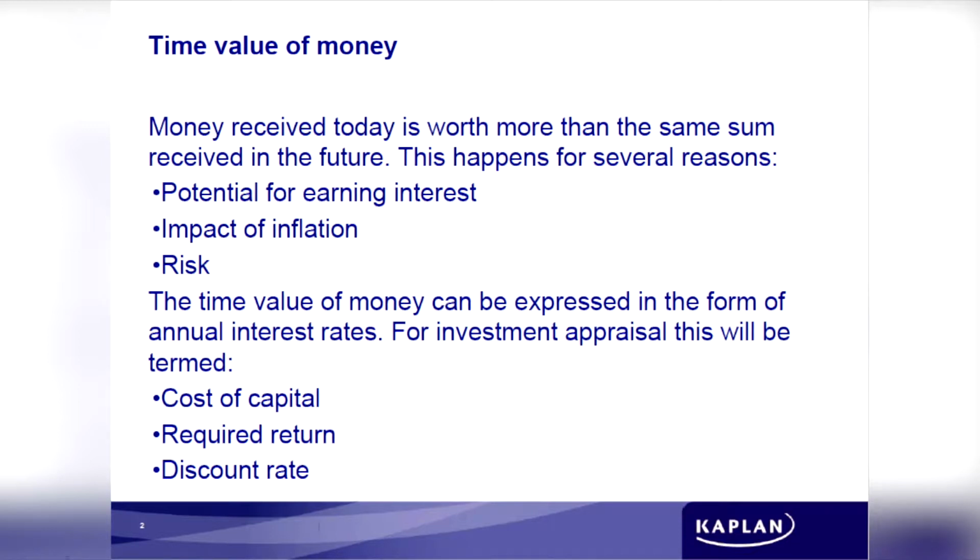So the length of time increases the risk involved. Those are the three factors. Number one, the ability to earn interest. Number two, the impact of inflation, where inflation generally erodes away value. And lastly, the element of risk that is involved. So those are the three reasons why money today is worth more than money tomorrow.